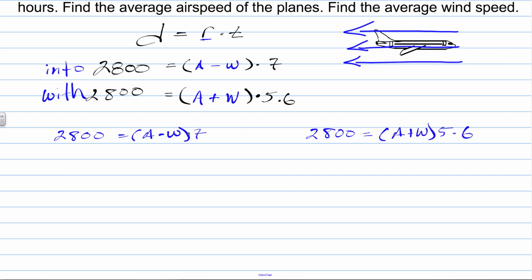To simplify these equations, instead of distributing here, I'm going to divide both sides of the equation by 7. The reason I'm going to do that is because I know 7 is going to go into 2,800 very easily. It's going to go into it 400 times. The 7's on this side cancel out, leaving me with A minus W. Over here, I'm going to divide each side by 5.6.